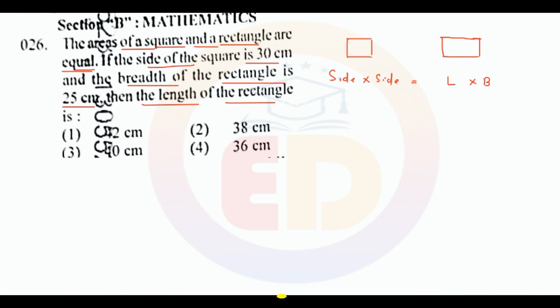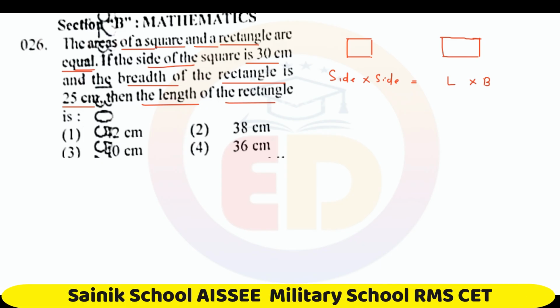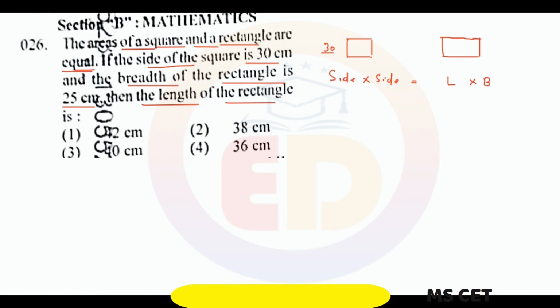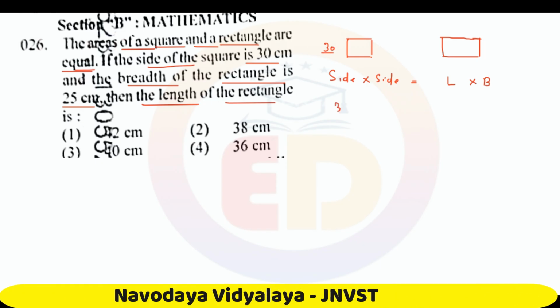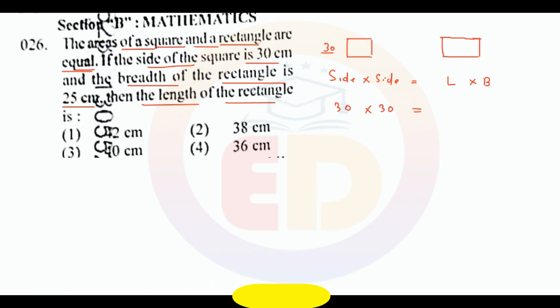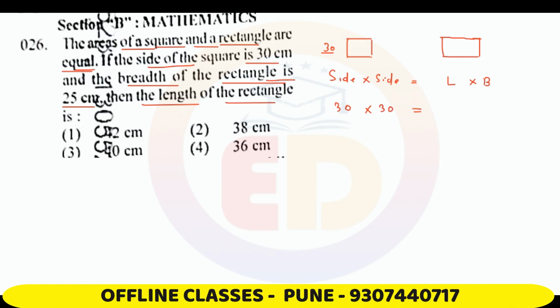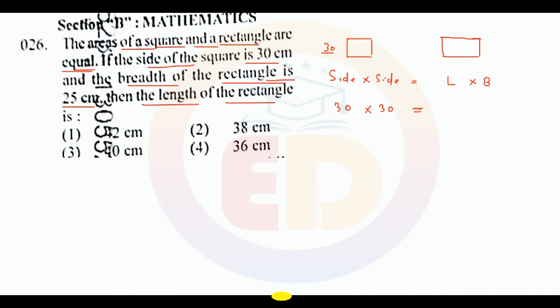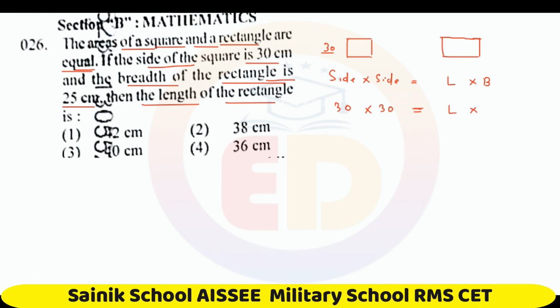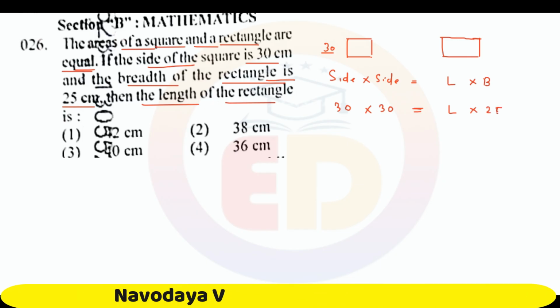Now they say that the side of a square is 30 centimeter, so the area of square will be 30 into 30, and the breadth of the rectangle is 25 centimeter. So breadth will be 25 centimeter.